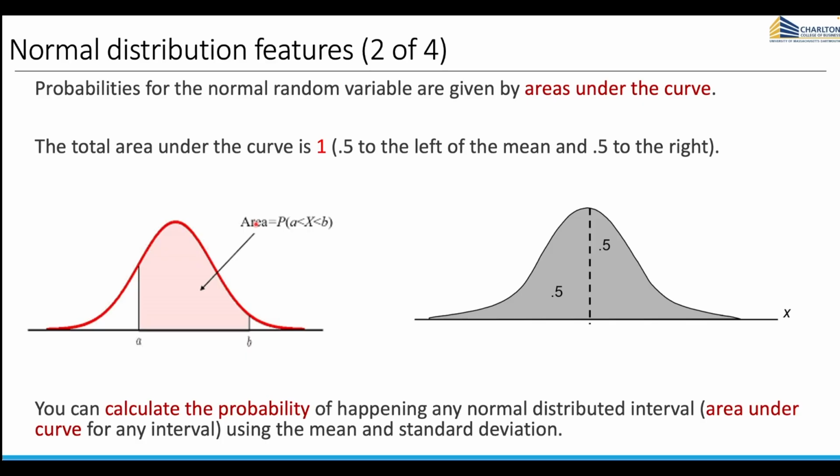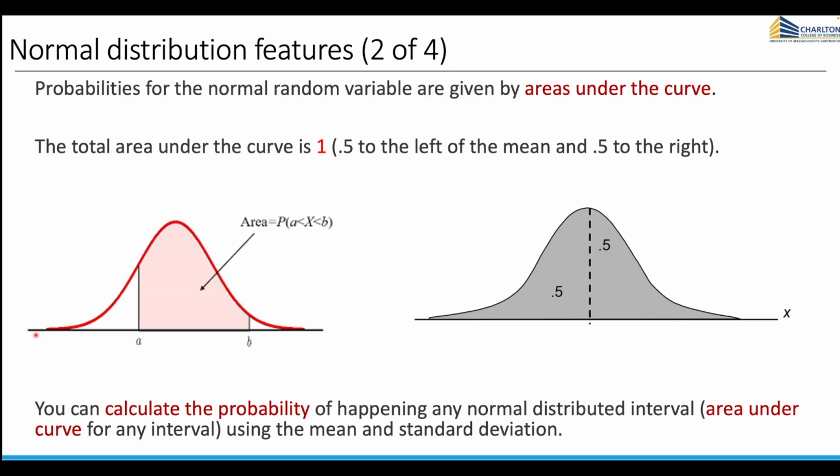So again, probabilities for the normal distribution are given by the area under the curve within a range, and the total area under the curve is 1, or 100%, meaning there is a chance that x gets any of these values. Note that this x-axis is all possible values of x, and the y-axis is f of x.